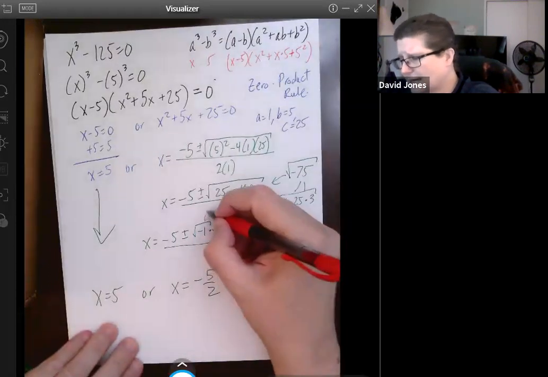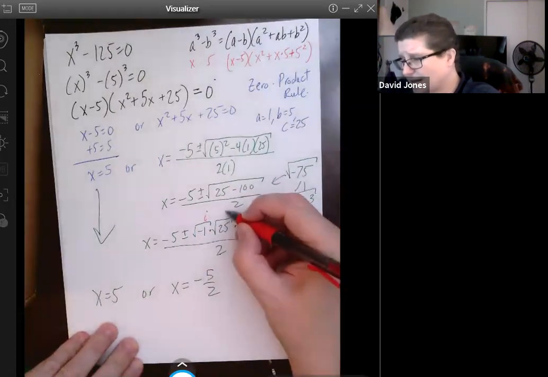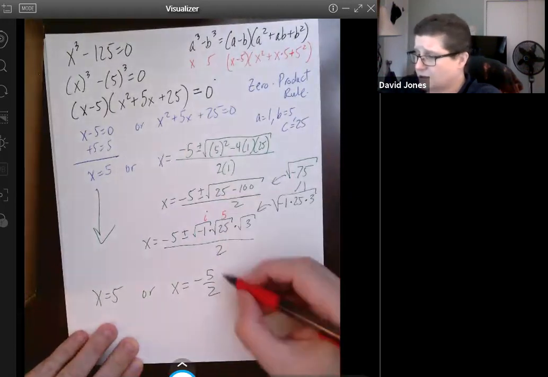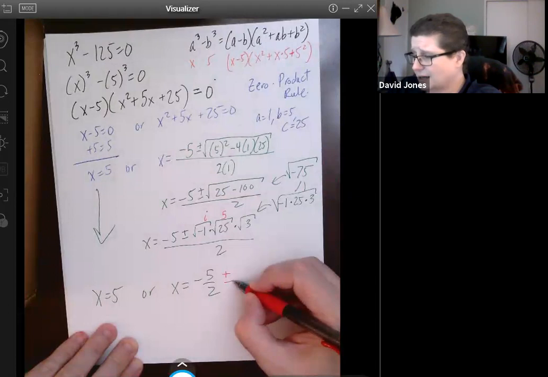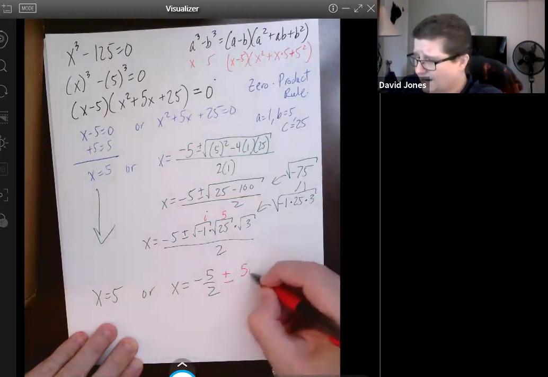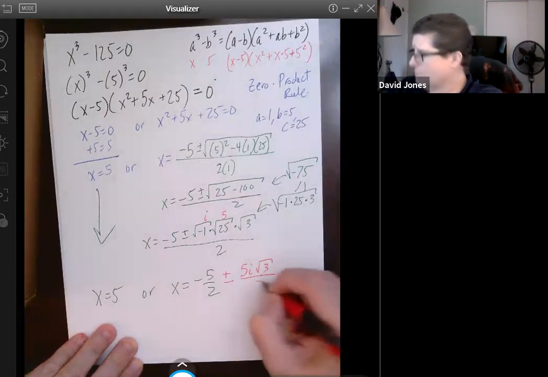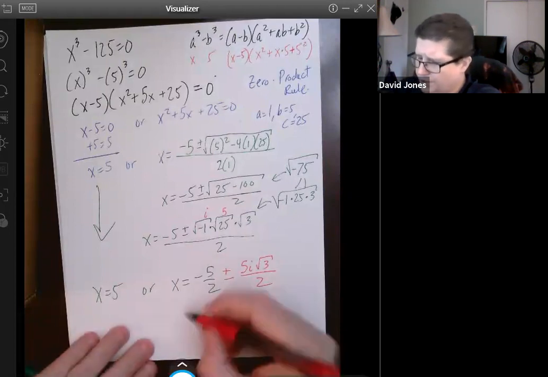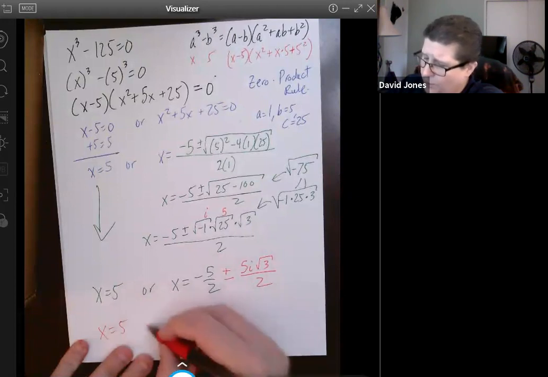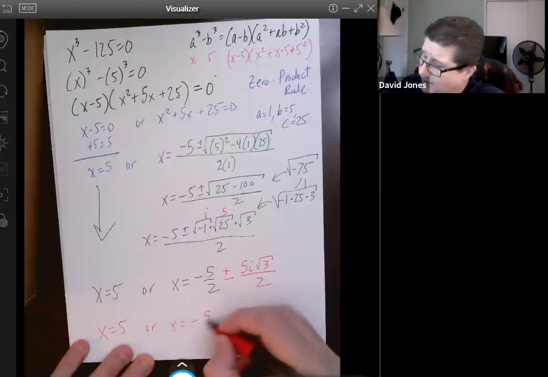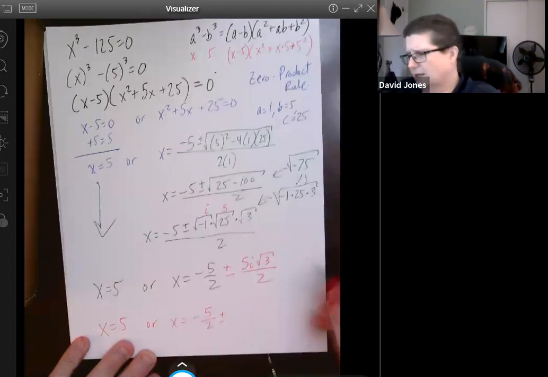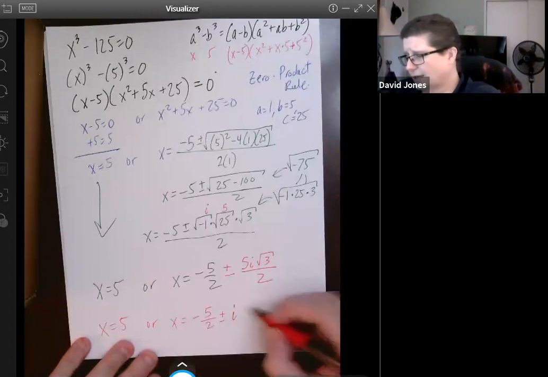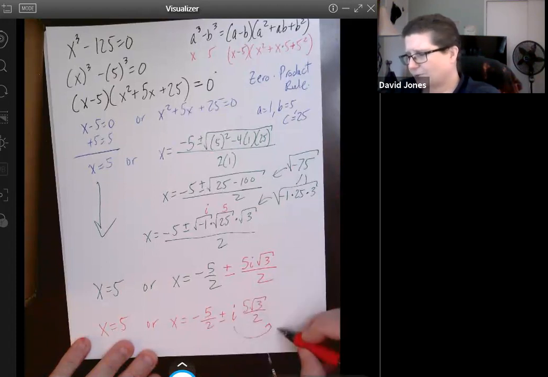The square root of negative 1 is i, and the square root of 25 is 5. So plus or minus 5i root 3 over 2. Or if you want to put the i on the outside, do i times 5 root 3 over 2, or the i could go at the end there.